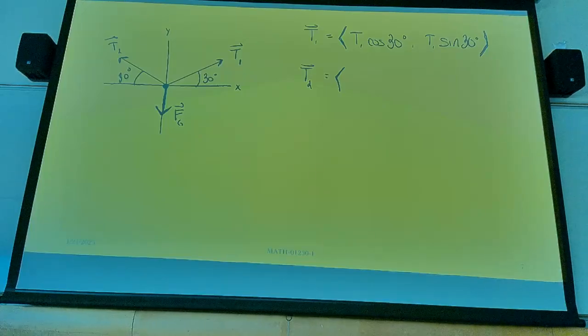T sine of theta, T cosine of theta. What is theta? That would work. Right?